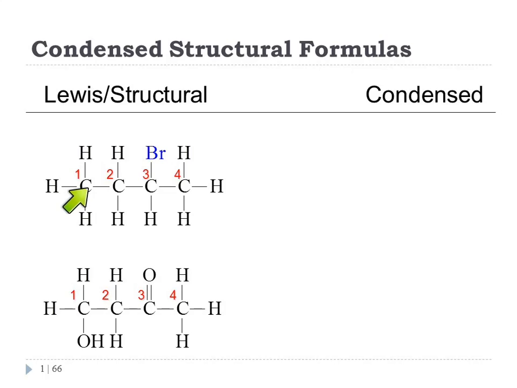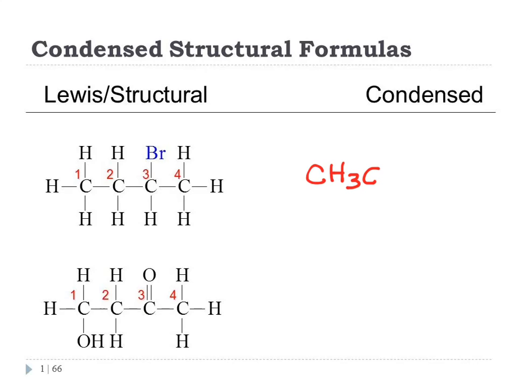You can think of the carbon chain as being like a charm bracelet, and the atoms attached to the carbons as being the little charms attached to each link. The condensed formula shows the first carbon and how many hydrogens are on it: 3. So we go CH3, and then we write the next carbon.